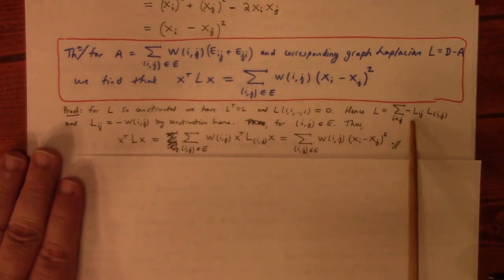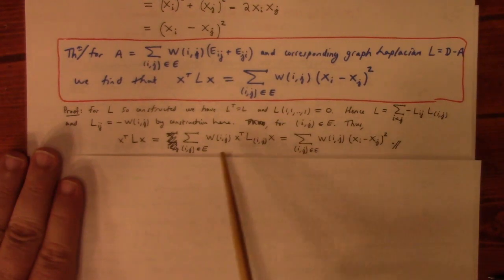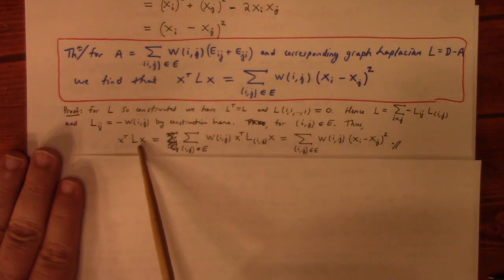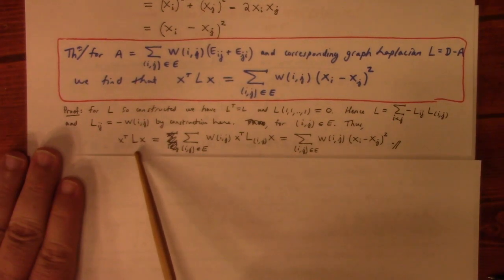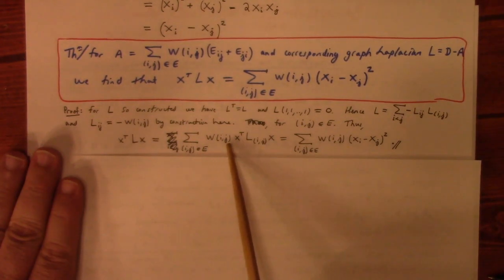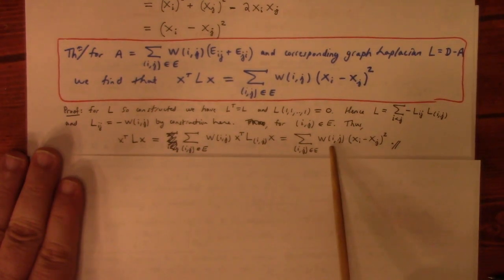So that means we can write L as a sum over those L i,j matrices, right? And then if I sandwich L between a vector and its transpose to get the formula for the graph Laplacian, that just gives me back (xi minus xj) squared times the weight.